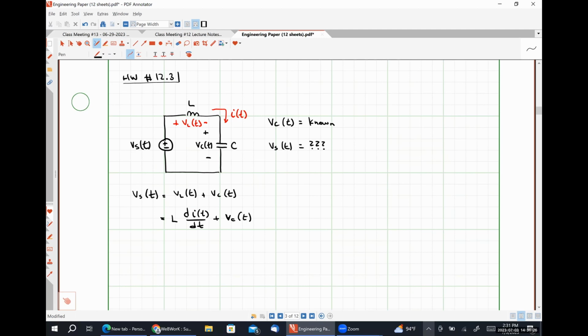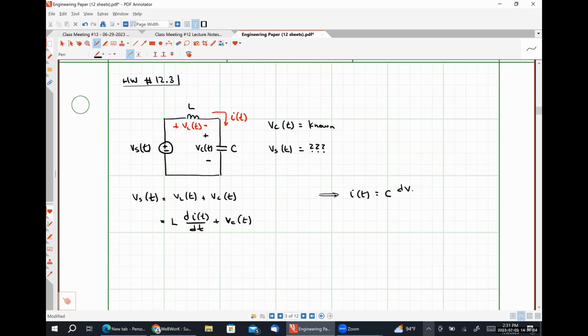That being said, because we know the capacitor voltage, we should be able to figure out what the current flowing through the network is, right? So as a quick aside, we know that the current I that's flowing around this loop will be C times the derivative of our capacitor voltage, based on the first relationship that we introduced today.